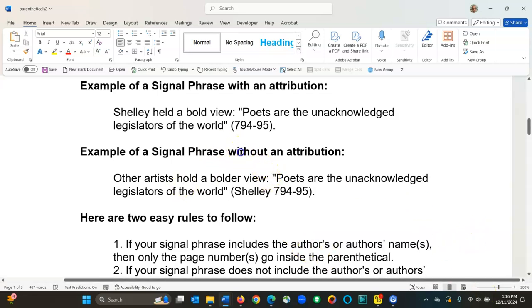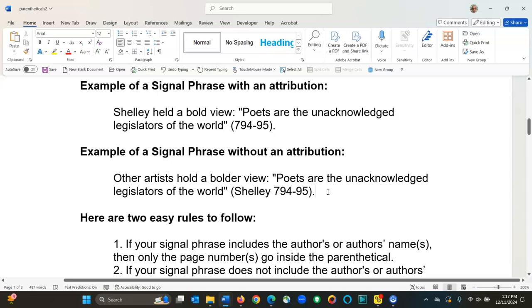Now, let's look at the same quotation, but without an attribution. Instead of Shelley held a bold view, other artists hold a bolder view. Now we're going to use the same quote, but we don't know what other artists we're talking about, so Shelley's name would go inside the parenthetical. That's how we make that determination.